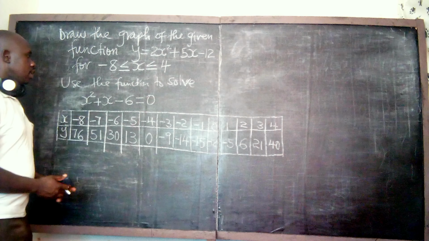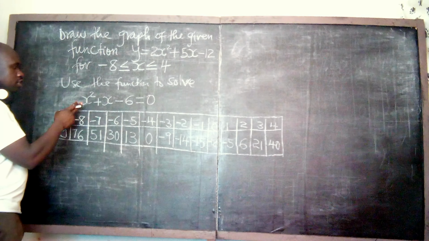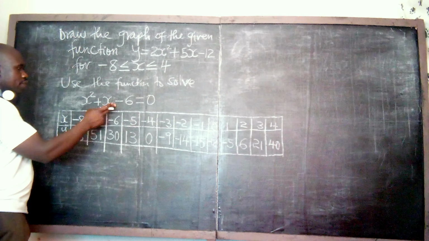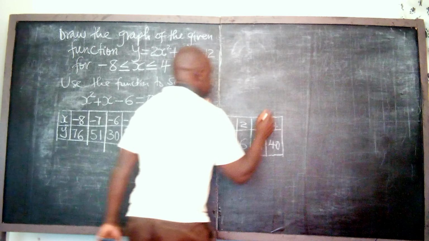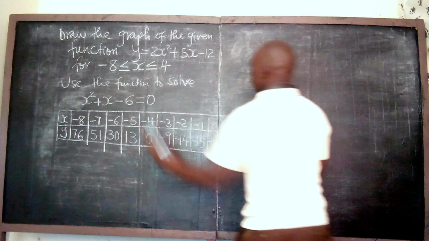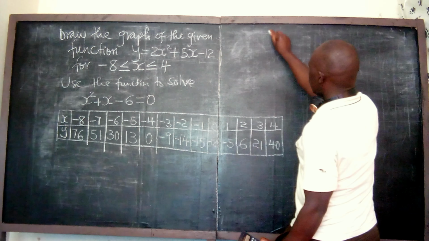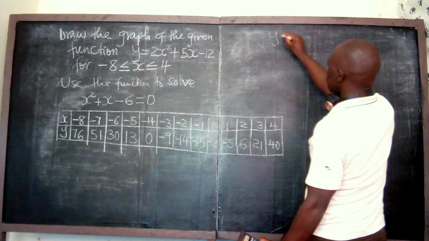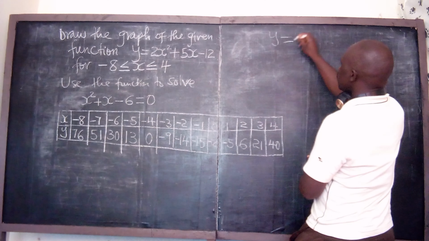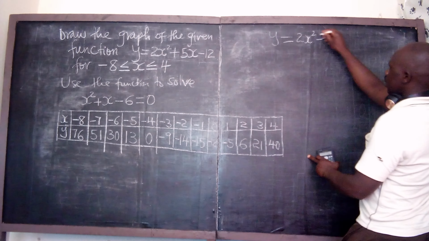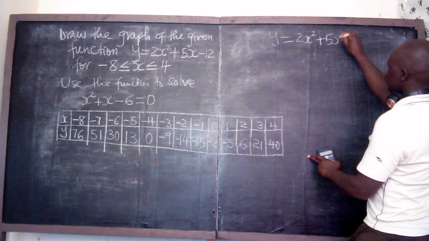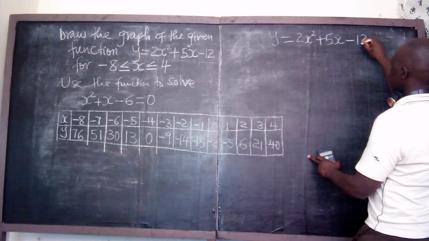After that, we shall be solving x squared plus x minus 6 is equal to 0. Now from the given equation, we have drawn the graph of y is equal to 2x squared plus 5x minus 12.